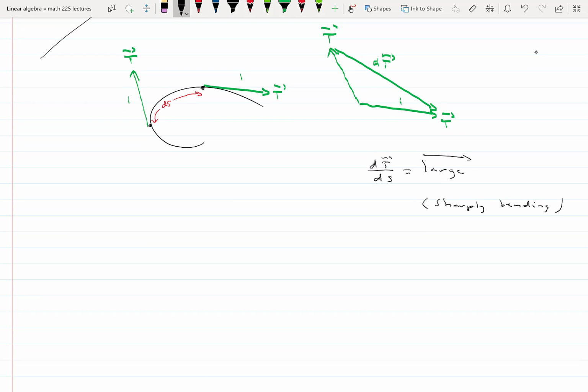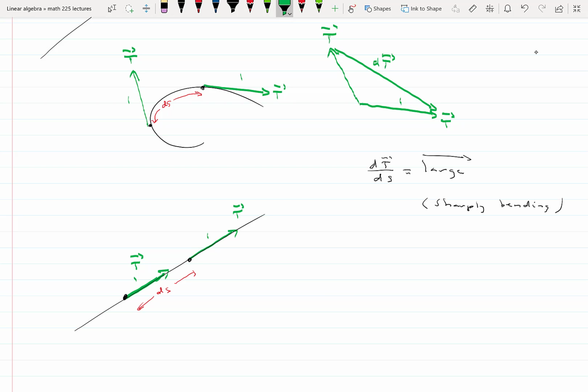So here's our last extreme, a straight line. Here at the first point, T, unit tangent, length 1. And then from that first point, we're going to move a small arc length ds and draw another vector. Another unit vector, of course, length 1.